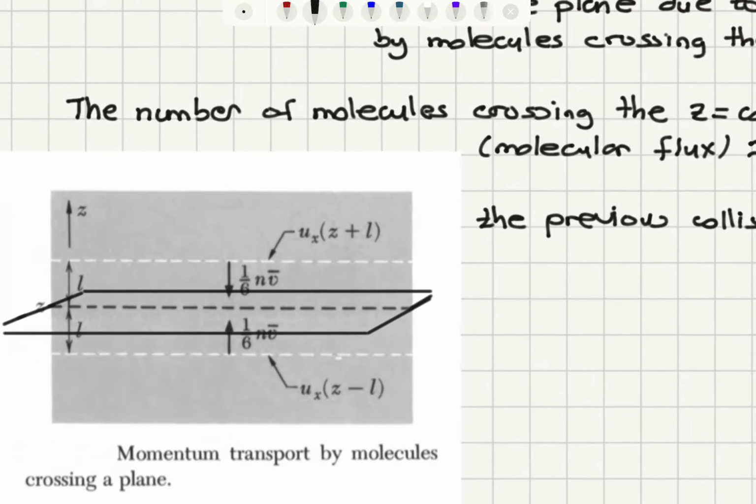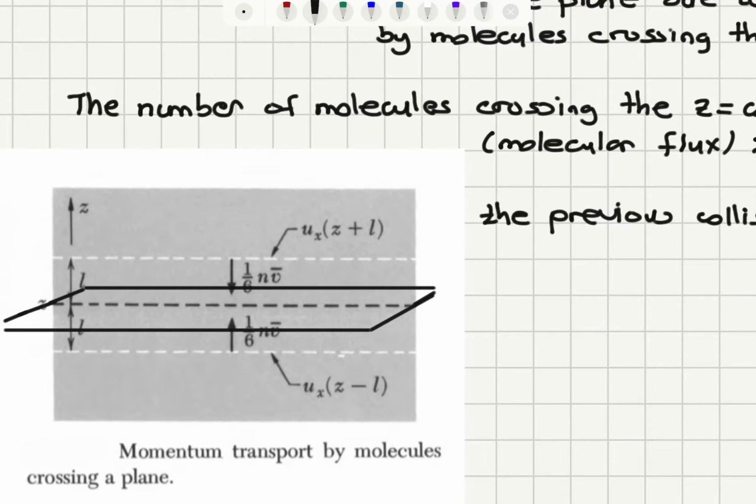So I look at a molecule that is moving in the positive z direction, so the number of these molecules per area per time is 1/6 n v bar, and then there is a number of them that are crossing from below the plane, that is 1/6 n v bar also.